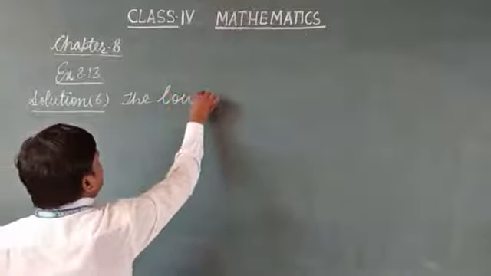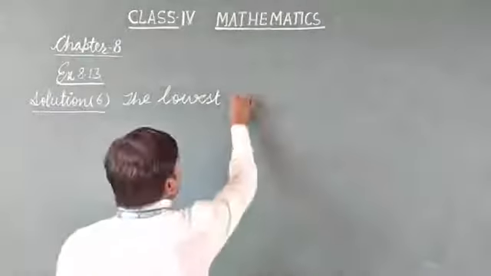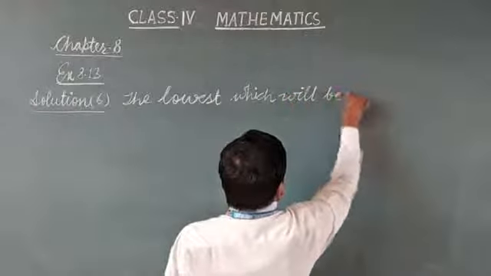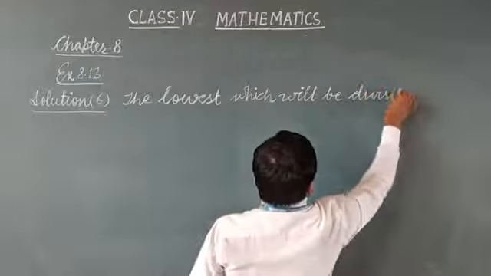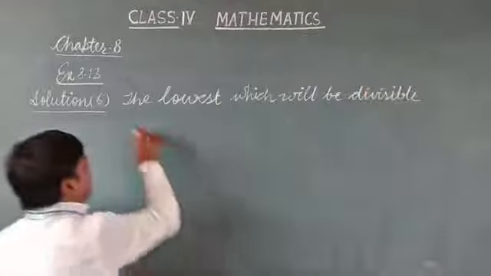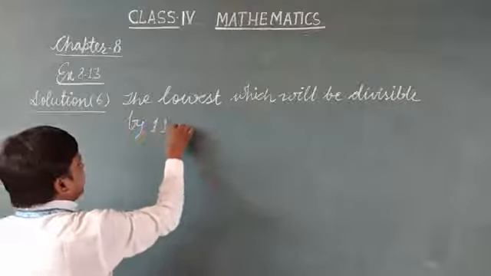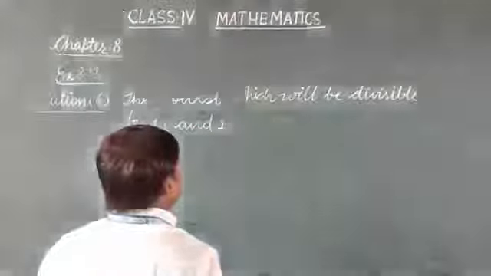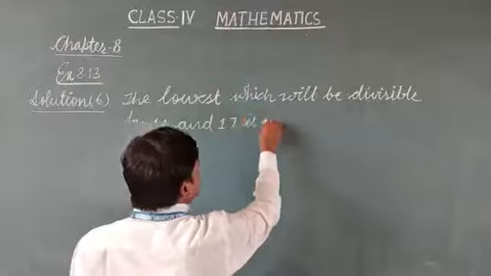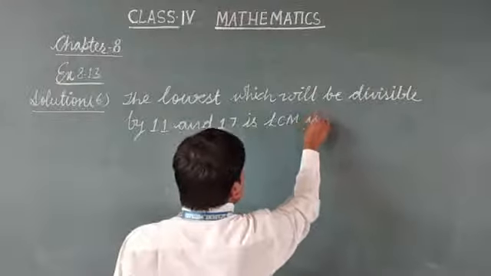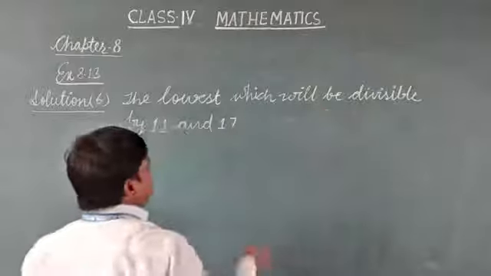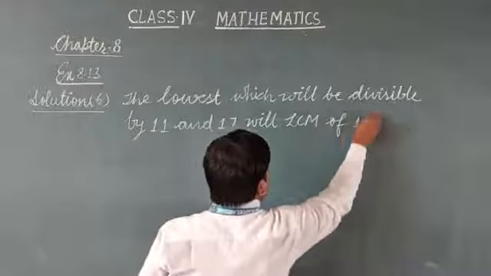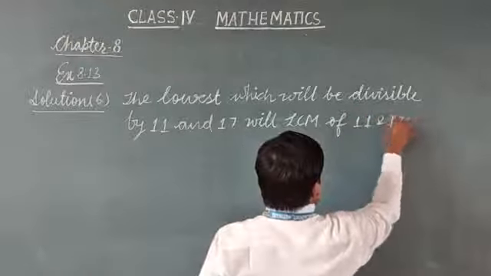The lowest number which will be divisible by 11 and 17 is the LCM of 11 and 17.